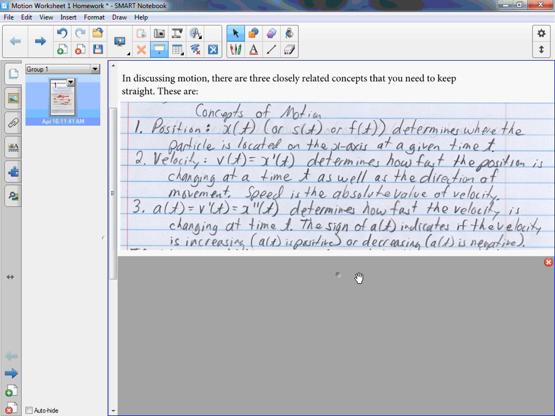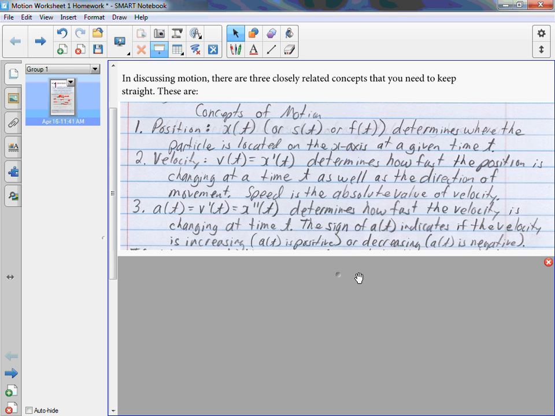All right, now this last sentence is a fairly important one to think about. The sign of the acceleration function indicates if the velocity is increasing, and then I said if a of t is positive. Ignore the position function for a moment. Just think about velocity. Velocity is itself a function. If any function is increasing, isn't its derivative positive?